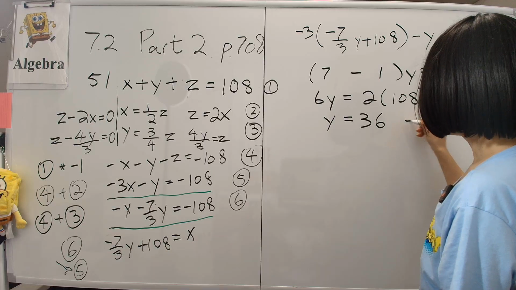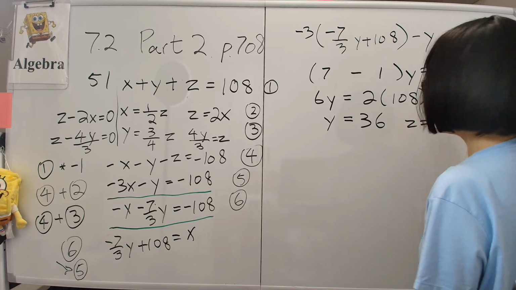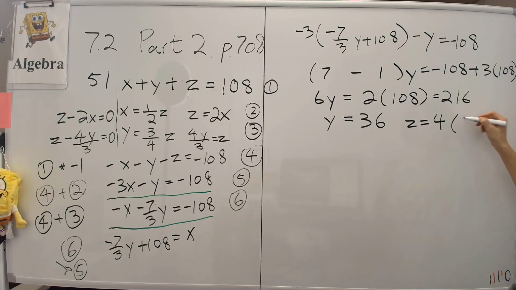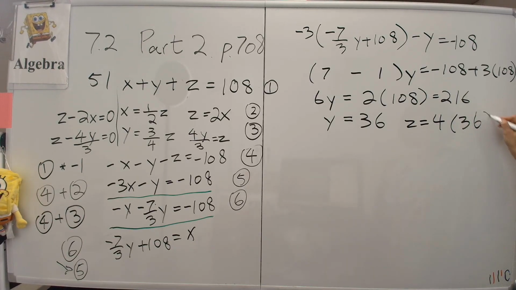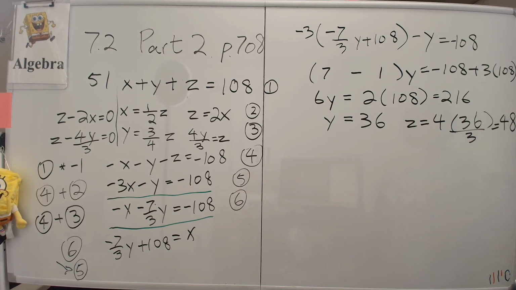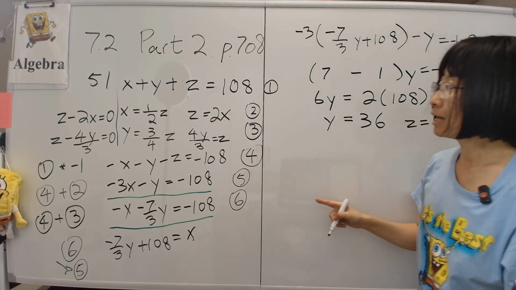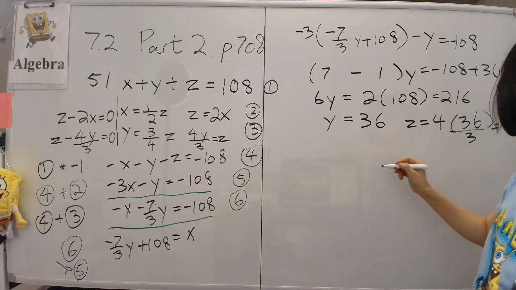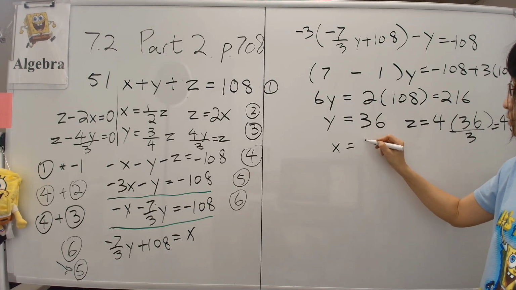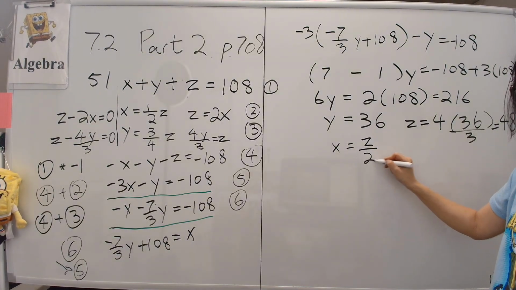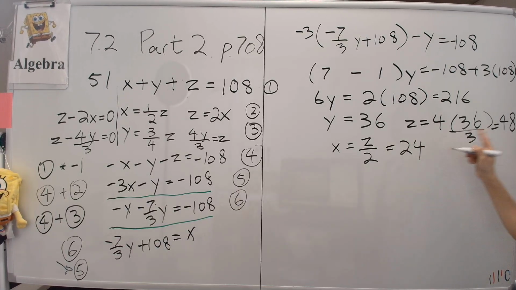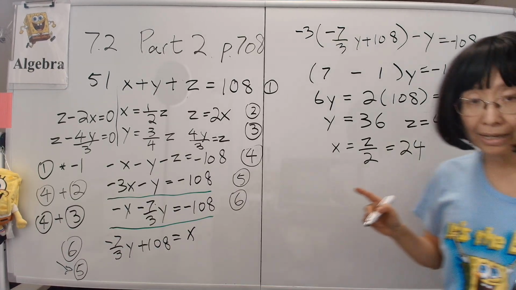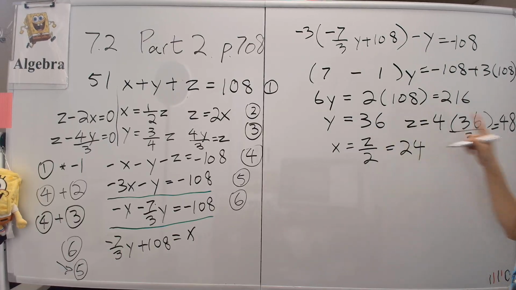So z equals 4 times 36 divided by 3. That's 36 divided by 3 is 12, and 12 times 4 is 48. Okay, so that's the second value. And now we just need x. It says z equals 2x. So x equals z over 2, half of 48, that would be 24. So that is the correct answer. Okay, 24, 36, and 48.